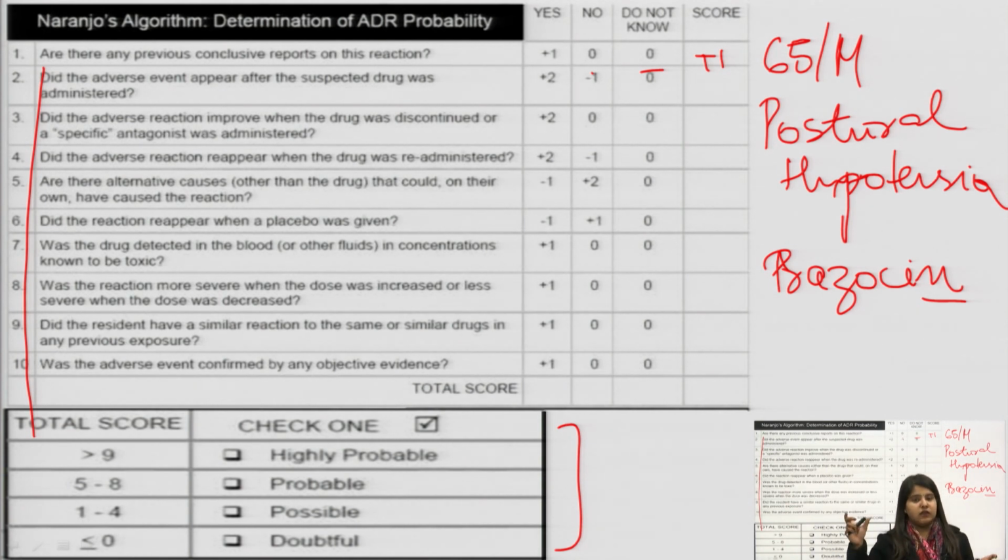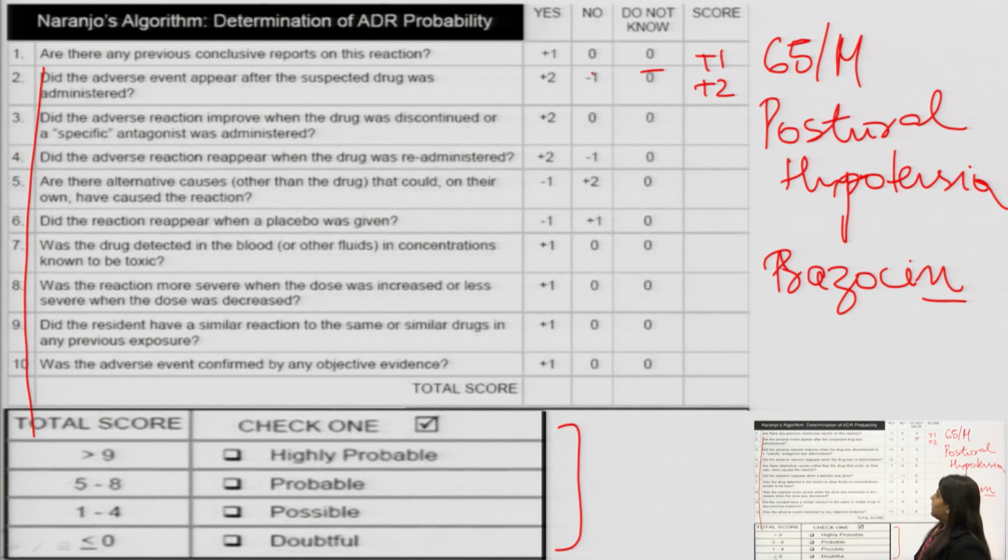He says, yes, I have been taking this drug for the last 3 weeks since I was diagnosed, and he is facing this issue. That simply means yes, the patient was taking the drug when the adverse event was observed. So my answer is yes, and for yes I put a +2.